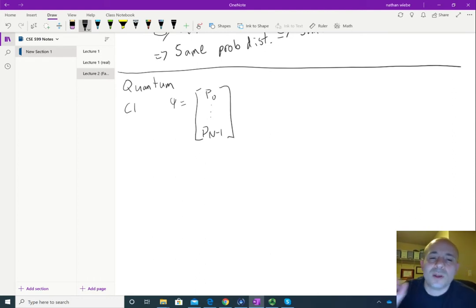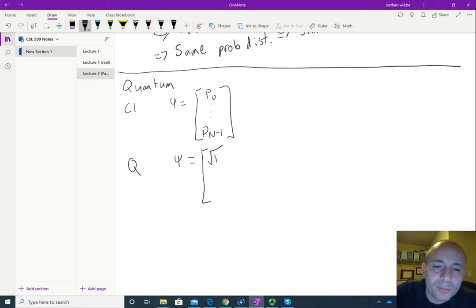In quantum theory, the formalism we use to describe quantum mechanics, we have a very similar description. However, our state, often called a state vector, is of the form: square root of p0 e^{i theta 0}, down to square root of p_{n-1} e^{i theta_{n-1}}.